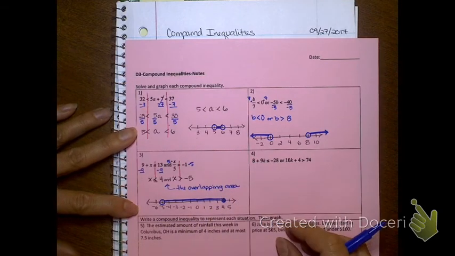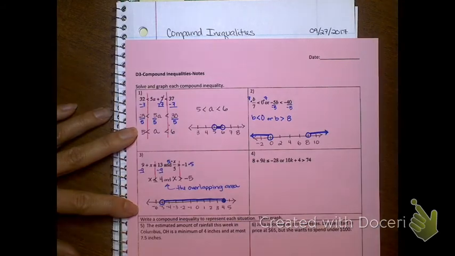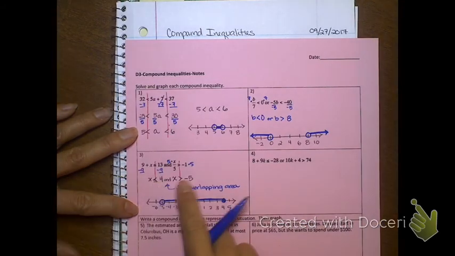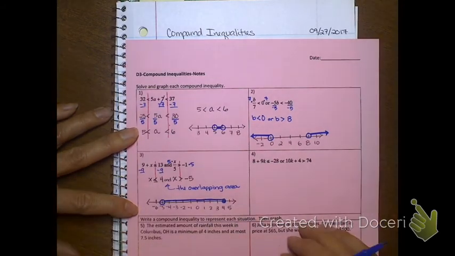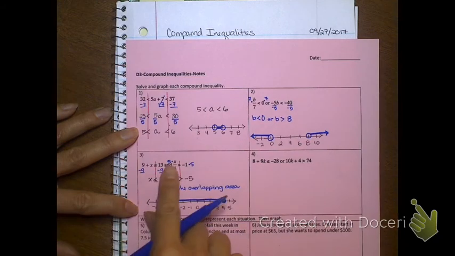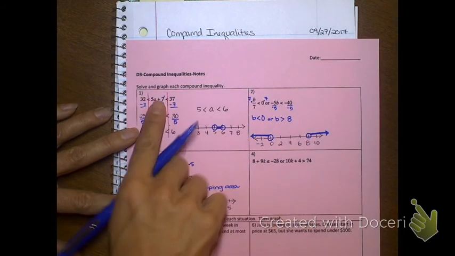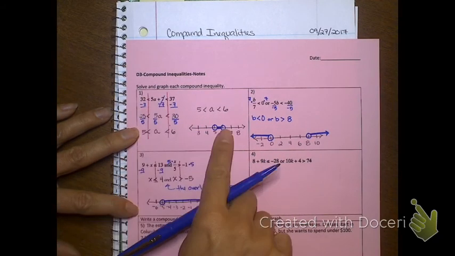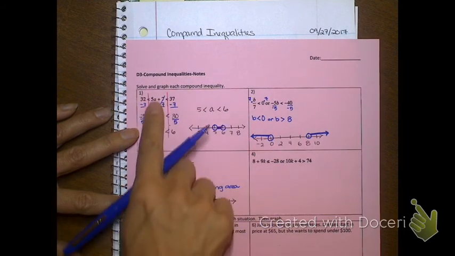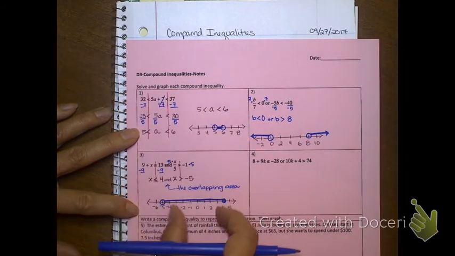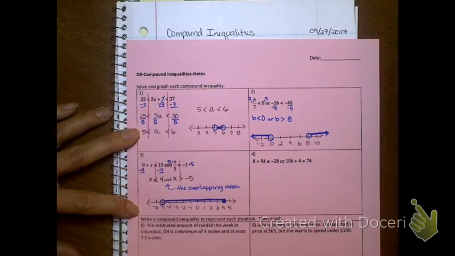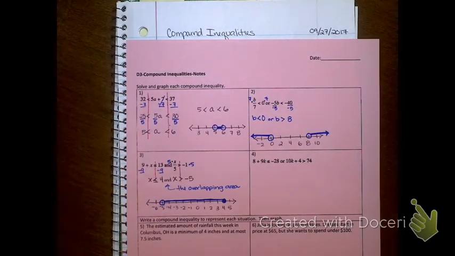The points in the overlap are the points that are in common between this and this, so that's the solution. When it says the word and, you're typically going to get something like the first one that we got up here, where it was in between. The solutions are in between 2 points, because that's where the overlap is. Does that make sense? Okay.